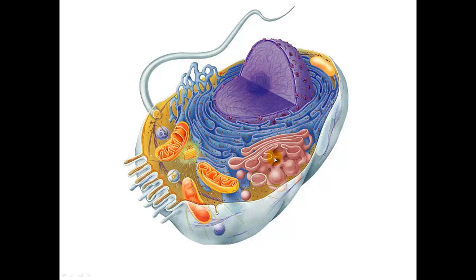And you might think to yourself, it looks like this structure, the Golgi apparatus, is very similar looking to the rough endoplasmic reticulum. It just looks like a bunch of folded membranes. One of the adages in cell biology, or biology in general, is that structure relates to function.